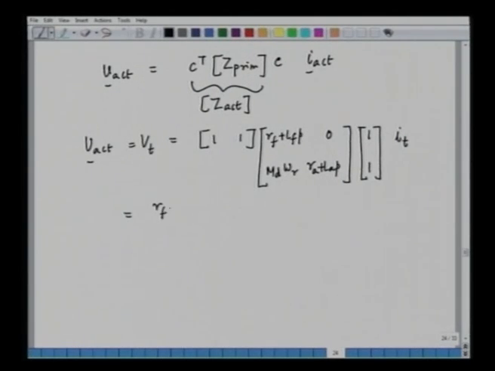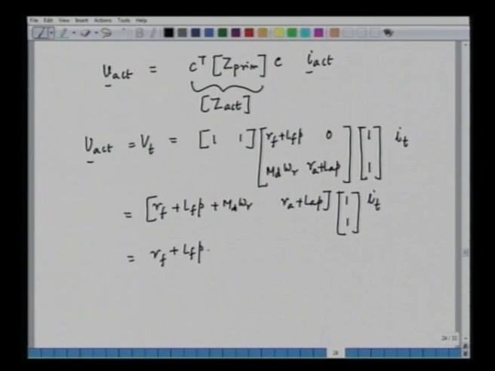So, it is Rf plus LFP plus MD omega R, and then here Ra plus LAP, and then we can post multiply this and see Rf plus LFP plus MD omega R plus Ra plus LAP.